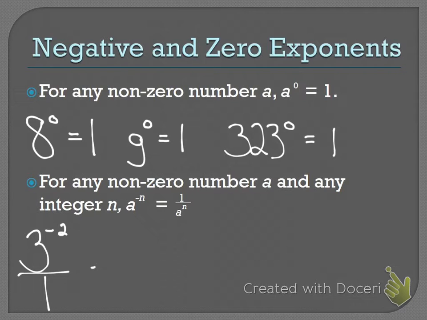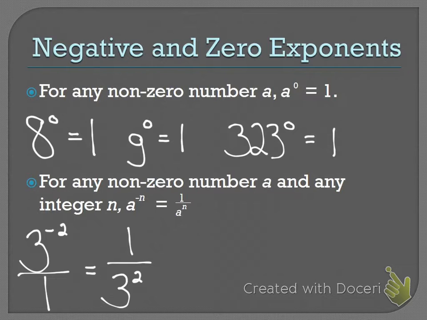So if I have a negative exponent, what happens is I do the reciprocal of that term. When I move it to the other side of the fraction, it changes the sign of the exponent. So now instead of 3 to the negative second power, I'm going to put it on the other side of the fraction, in the denominator, and it now makes the exponent positive. That's what my rule says.